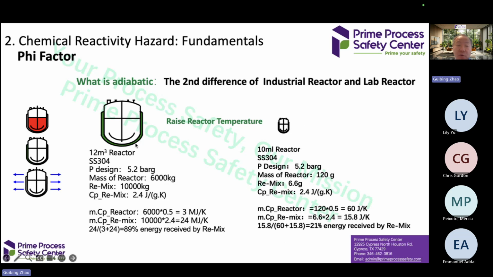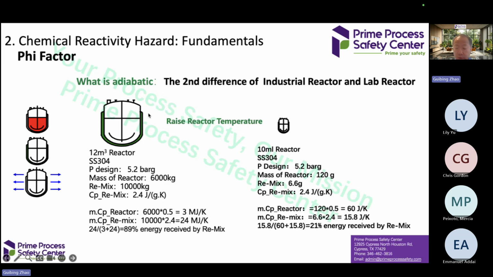So that tells us for a big scale reactor, the reaction rate would be far larger than for a small scale reactor. That's why, many times when people run a test or reaction in the lab, they may not feel much heat energy release. If you scale up to a big scale, a big surprise will come out. So this is exactly the incident that occurred in the lab we just showed you.